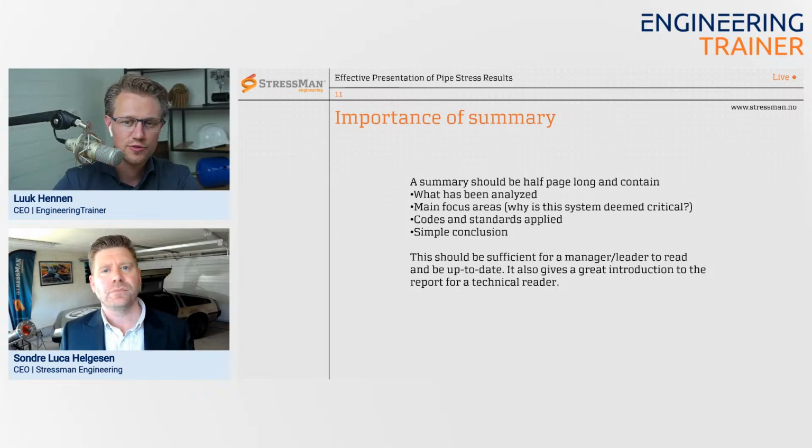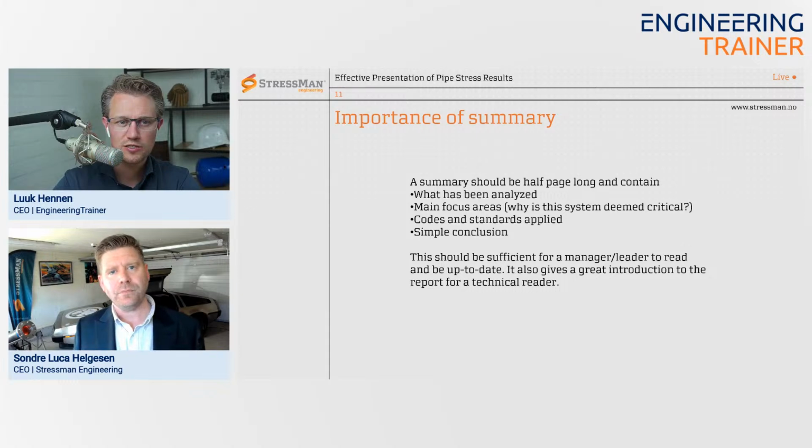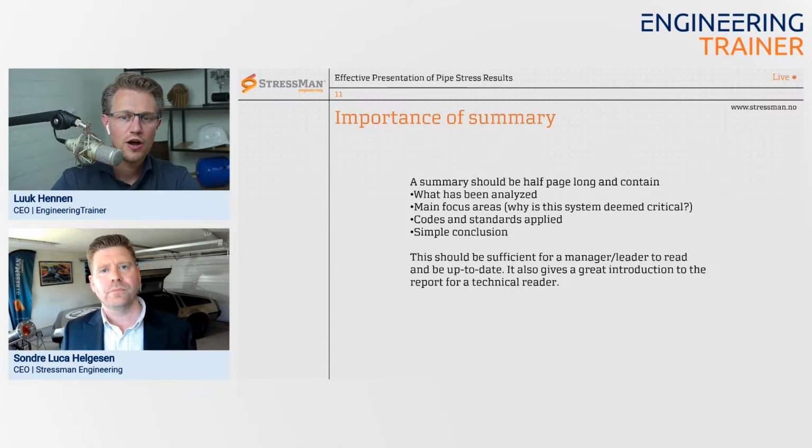Another point that was raised in the chat, which I think is interesting, is equipment loads. In one of the examples just now, you mentioned that you did a redesign of a system because of high equipment loads, and you added several bellows and other solutions. It's not always the case that the equipment load check is part of the pipe stress report.